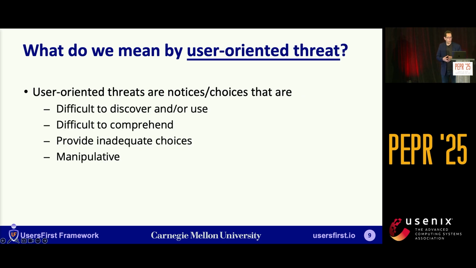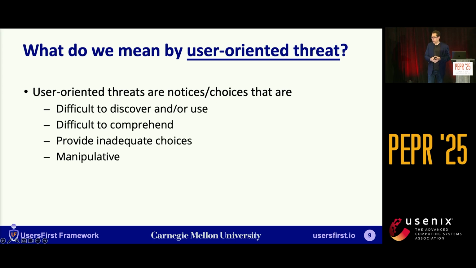And so what do we mean by user-oriented threats? Well, when you start breaking things down in this space, you find, or at least we found, that there are 4 top-level categories of threats. There are threats that have to do with the fact that notice and choice are difficult to identify, they may not even be present, difficult to discover, difficult to access in different contexts. It's very important to think about context in this sort of line of work.